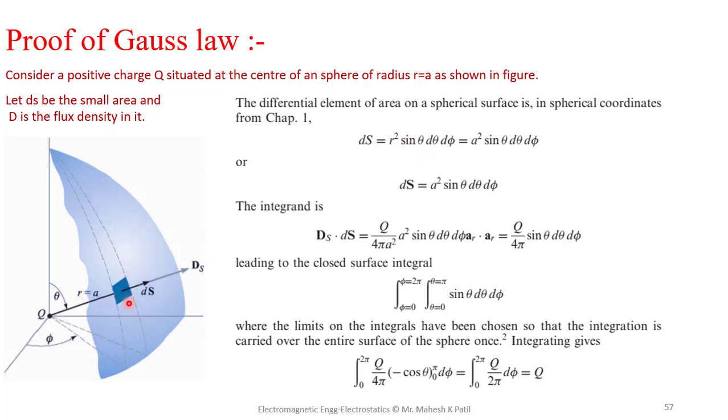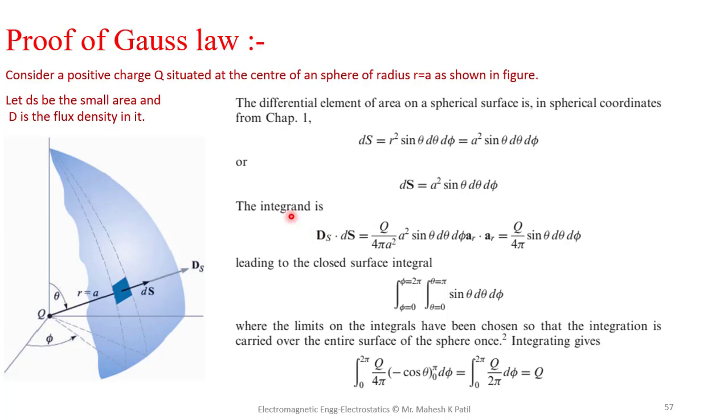This surface lies on the sphere itself, so on the surface r remains constant. So for r constant, area ds is equal to r square sine theta d theta d phi. Here we assume the radius is a, therefore it becomes a square sine theta d theta d phi. So in short, we can write ds as a square sine theta d theta d phi.